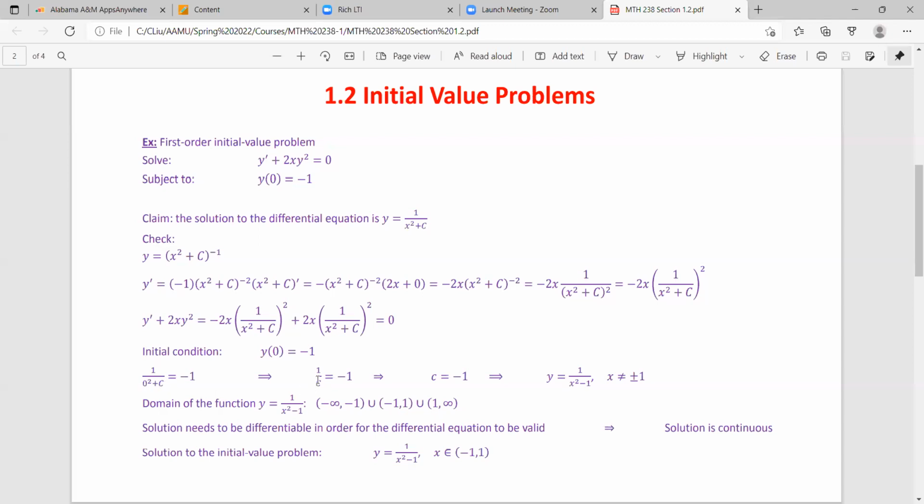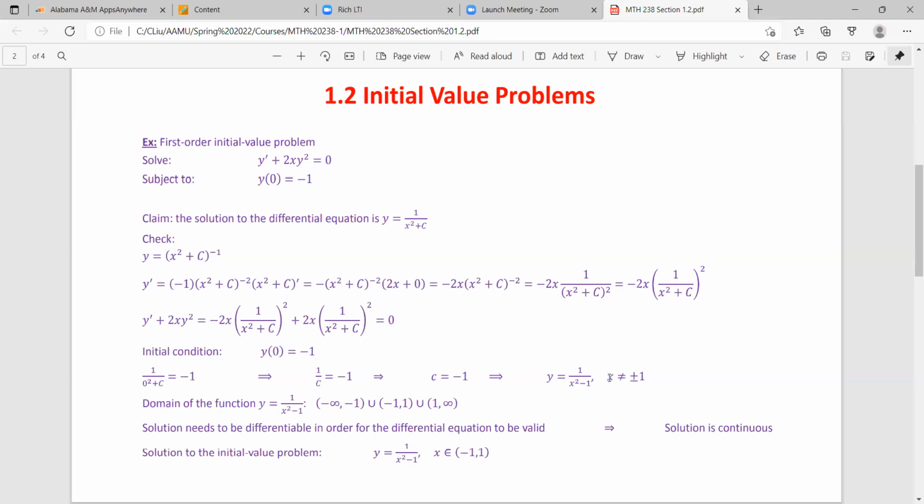So that means 1 over c is -1, and you can easily solve this equation to get c equals -1. Okay. So then the solution to the initial value problem, which involves the differential equation and the initial condition, is y equal to 1 over x squared minus 1. So c is -1. So the solution is 1 over x squared minus 1.